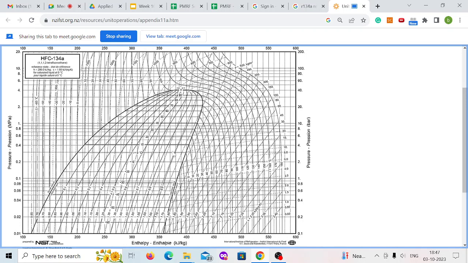So from 0, if you follow the constant entropy lines, which are these dotted lines here, becoming close to horizontal.